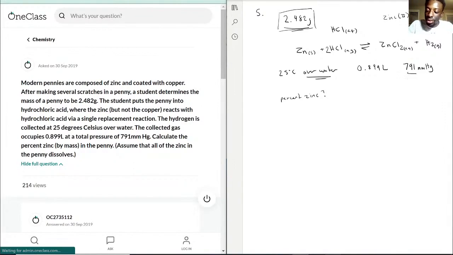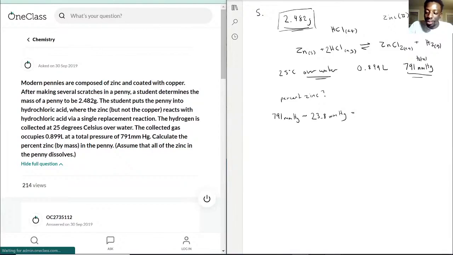So actually they do give us a pressure here, and the vapor pressure of water, you have to subtract it out of this. So we have the 791 millimeters of mercury minus, so water's vapor pressure, as I've written down here, is 23.8 millimeters of mercury. So the true pressure of just the hydrogen gas, okay, because they give us a total pressure, that's why it's important.